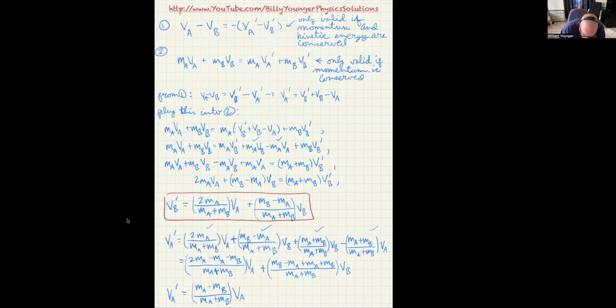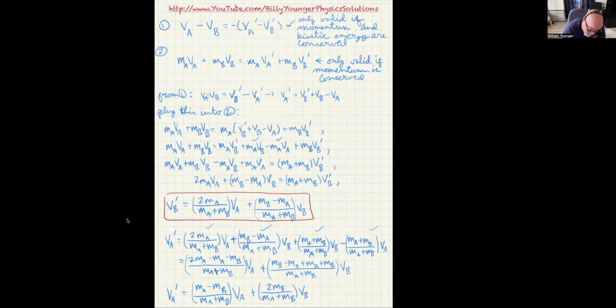So you might want to put it in parentheses, but you don't have to. Plus, now when I combine all that, I see an MB and an MB add to give me 2MB, but an MA and a negative MA add to give me 0. So this one's just going to become 2MB over MA plus MB. And then, of course, all that is times VB.